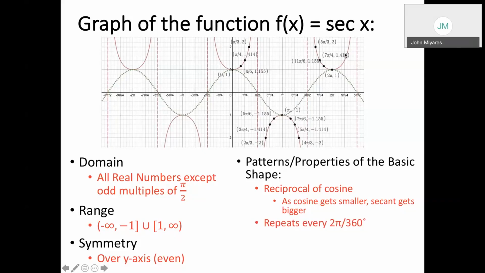It is important to note, though, that these little pieces of the secant graph are not parabolas, as parabolas are not supposed to ever be bounded between asymptotes like these are here. Finally, just like the tangent graph, the periodic asymptotes are going to occur at odd multiples of pi over 2.